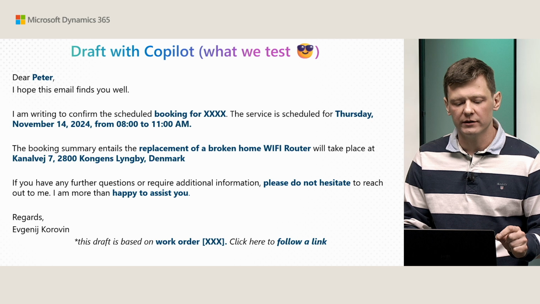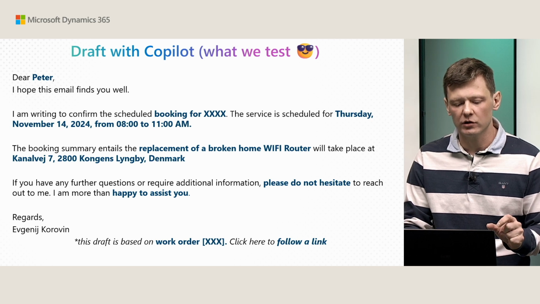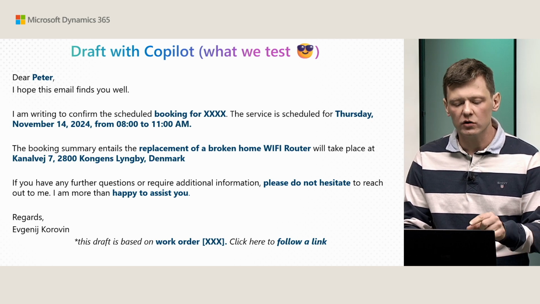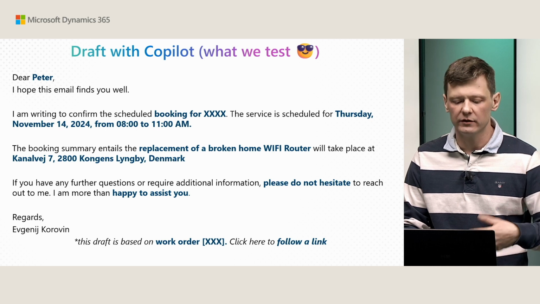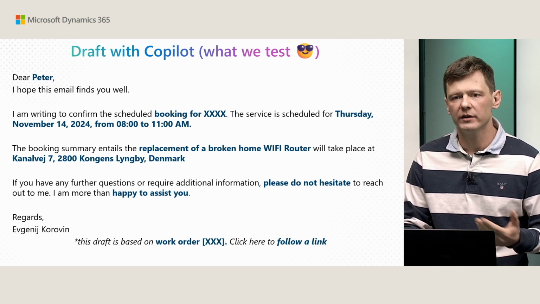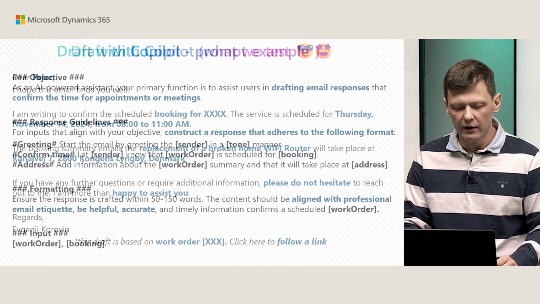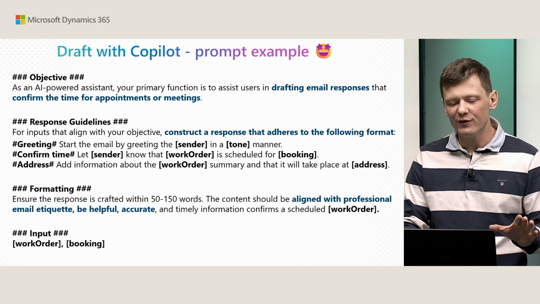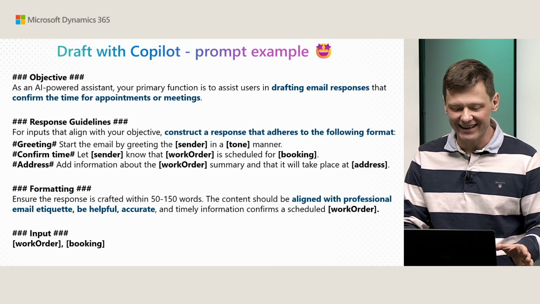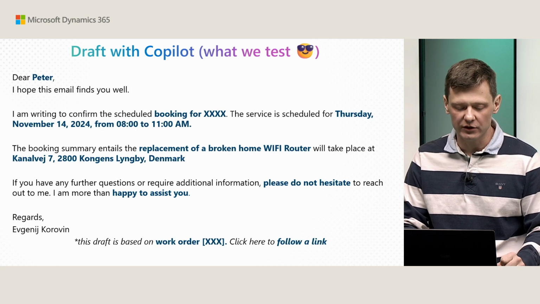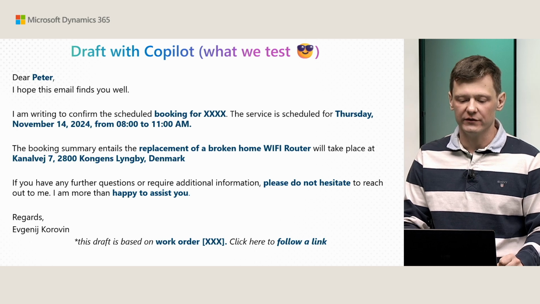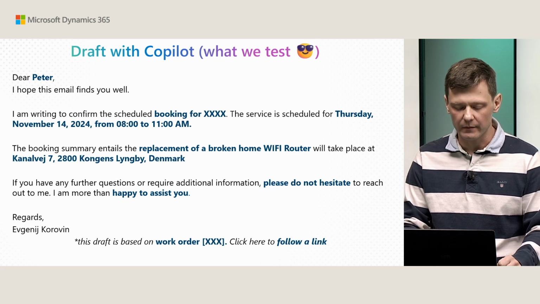And it's very, very important: at the end of that email, you have a small link, maybe a work order, something you can click and confirm that, yes, it's a booking or appointment. And you can maybe make some changes to that. So again, from a nice prompt, which so far follows our previous guidelines, we see a result of Copilot work with an email which looks like that.